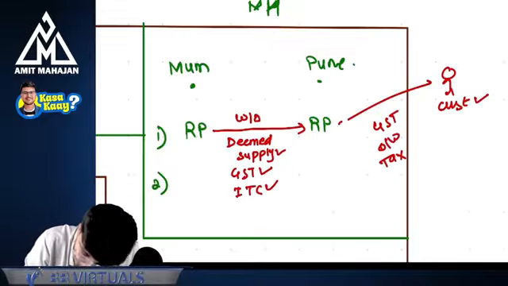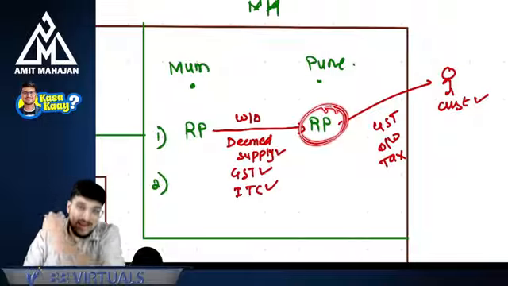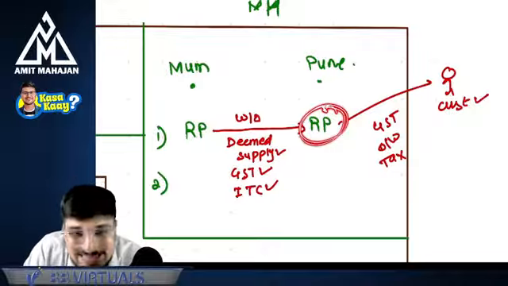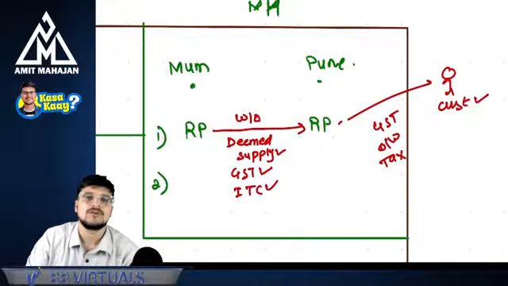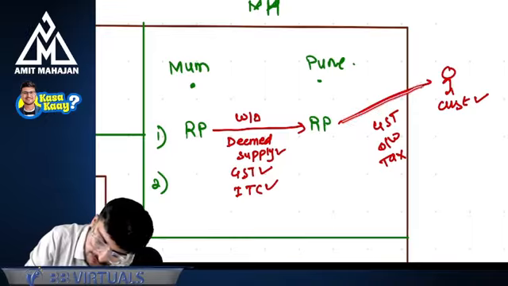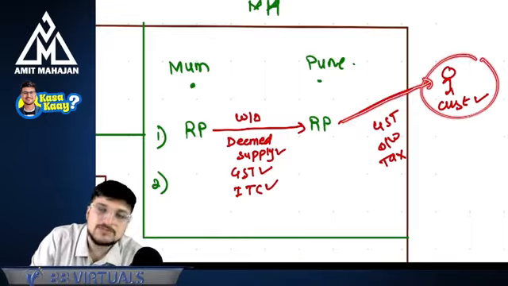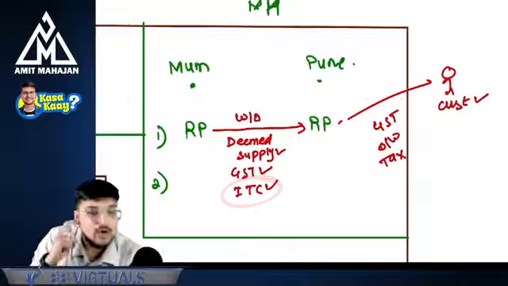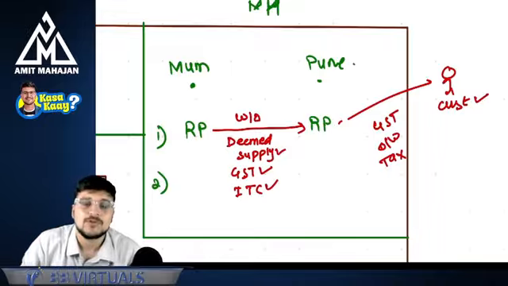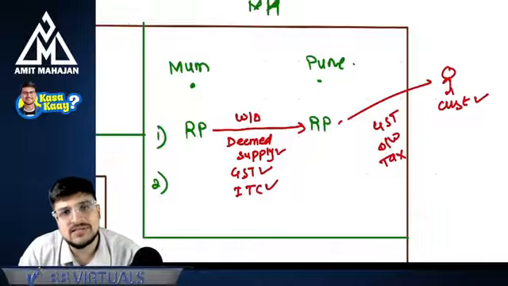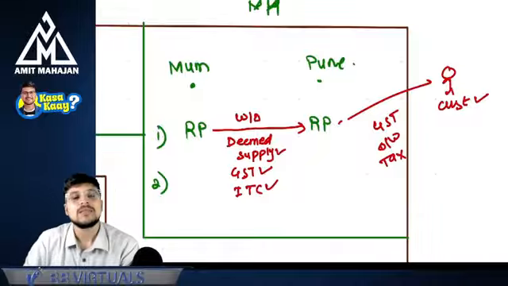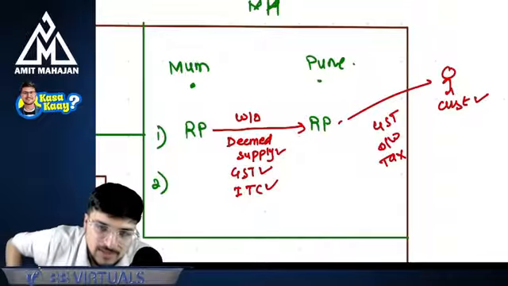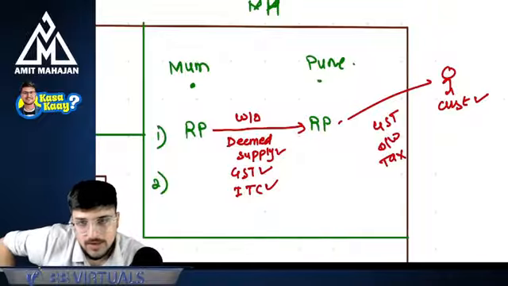Even though Pune office is paying the tax at the time of purchase, it will be able to take the ITC of that amount against the outward supply. So now tell me, is there anything wrong happening with Pune office? No. Even though right now Pune office is paying tax, it is going to get a credit of that amount. Okay, understood.